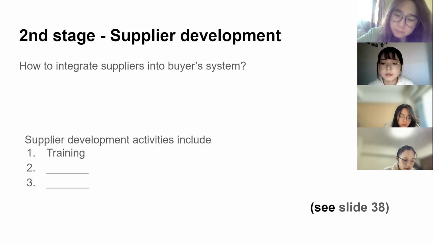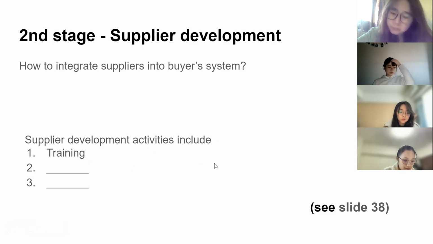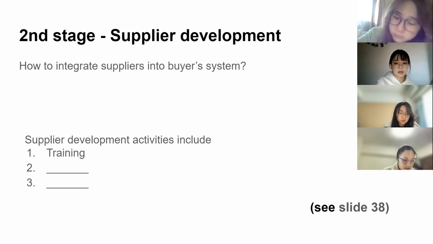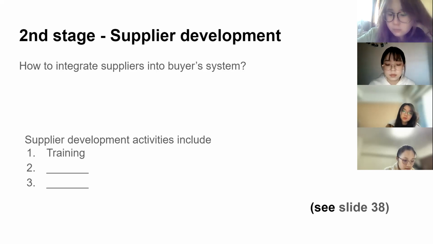And on top of that, if you see here, supplier development activities include what? For example, if you want to develop suppliers, you need to provide training. Training means the supplier must be given knowledge about inspection procedures, delivery procedures, and also to develop them.